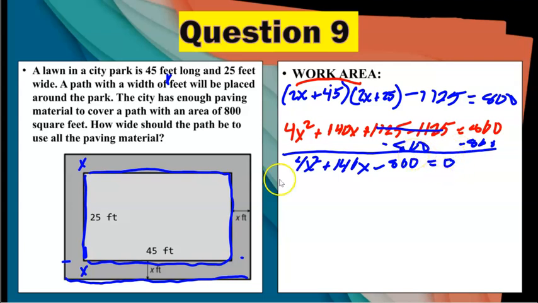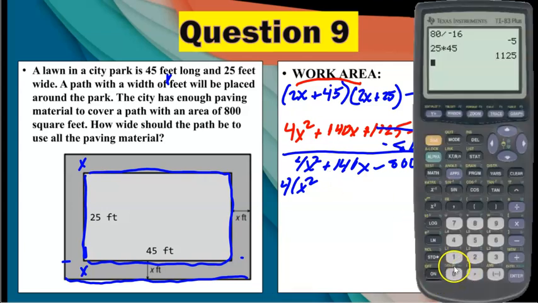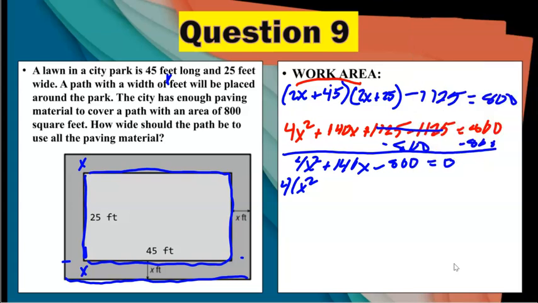Now we can factor out a 4, and when we factor out a 4, we get x squared, and then 140 divided by 4, so we'll grab our calculator again. 140 divided by 4 gives us 35. So that'll give us plus 35x minus 800 divided by 4 gives us 200. Now this 4 doesn't mean anything anymore because we're just solving for x.